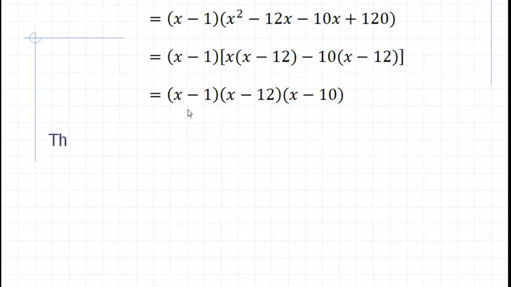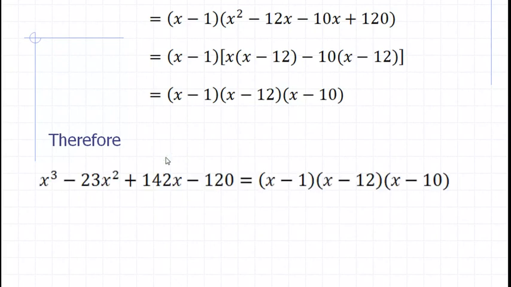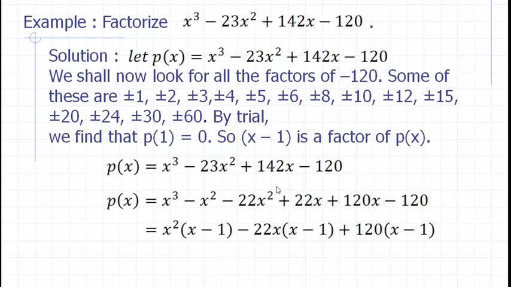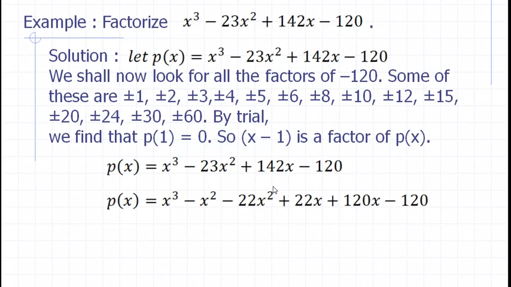Therefore your polynomial, this x cube minus 23x square plus 142x minus 120, got three factors, x minus 1 into x minus 12 into x minus 10. Students, this factorization of cubic polynomial you have to see again and again.